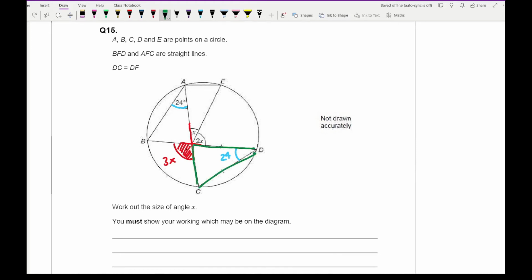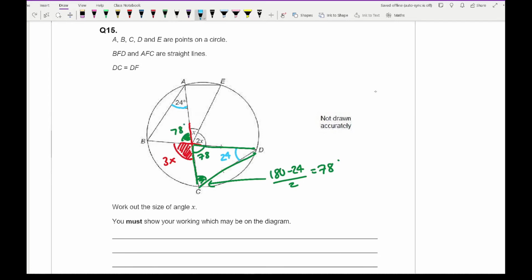So to work out what this angle here is going to be, that's going to be 180 minus 24 divided by 2, which gives me an answer of 78 degrees, which means that this here is going to be 78, which also means that this angle here is going to be 78.